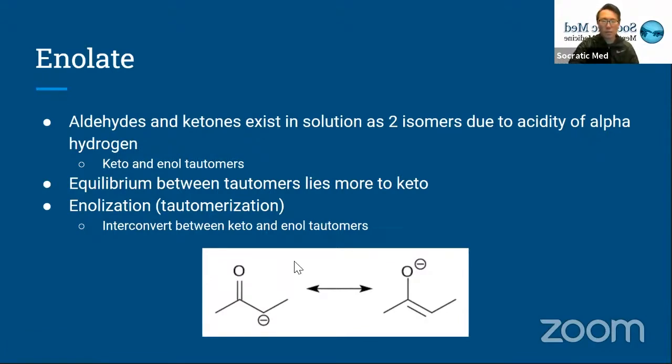A lot of reactions involve converting between the keto and the enol form, or enolate. It's called the enolate form when the molecule has a negative charge on it. So on the bottom, these are the keto and enolate forms.